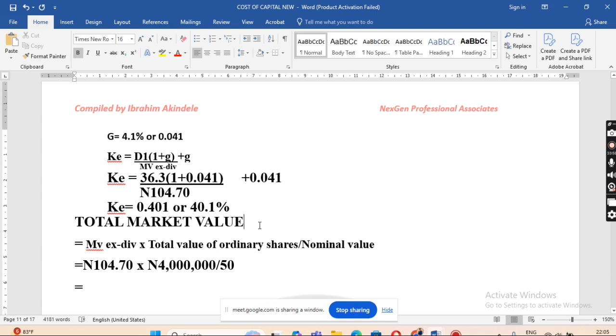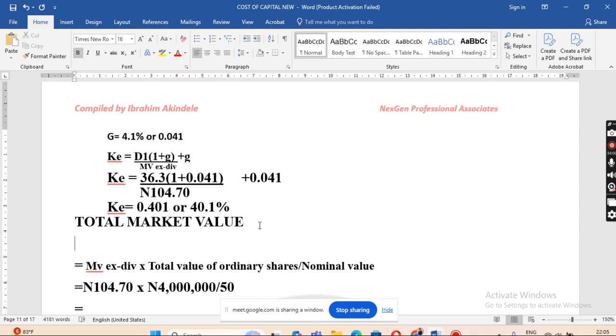Let me put it here. 50 kobo, to be converted to naira, equals 50 divided by 100.